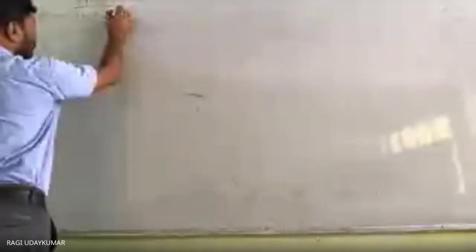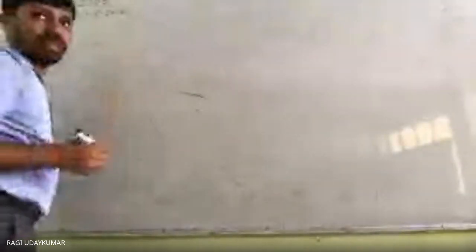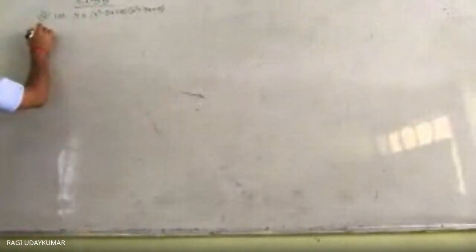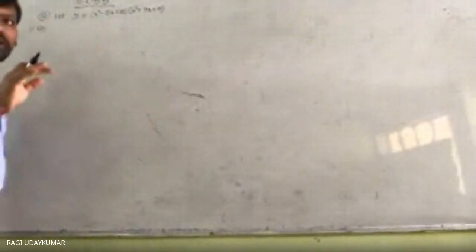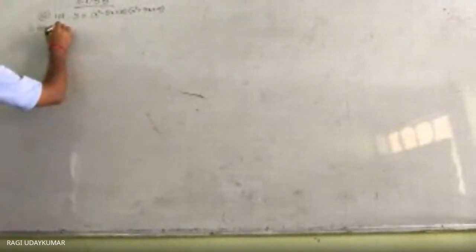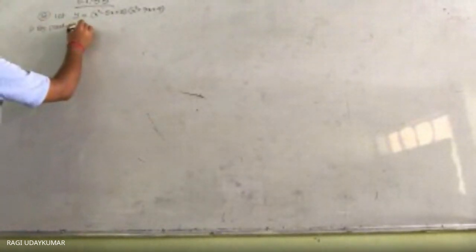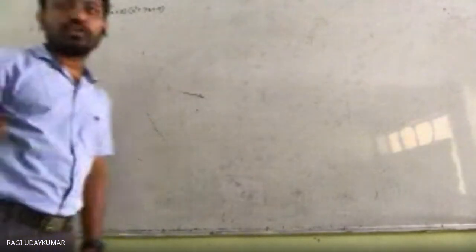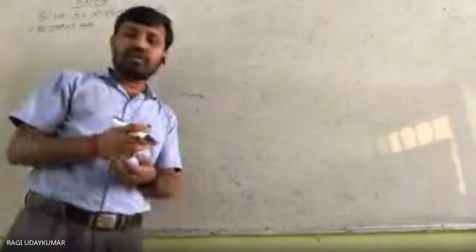Let y is equals to x square minus 5x plus 8 into x square plus 7x plus 9. Three different methods are seen. First one, product rule. By the product rule, we usually say the UV method. So that is what is called a product.